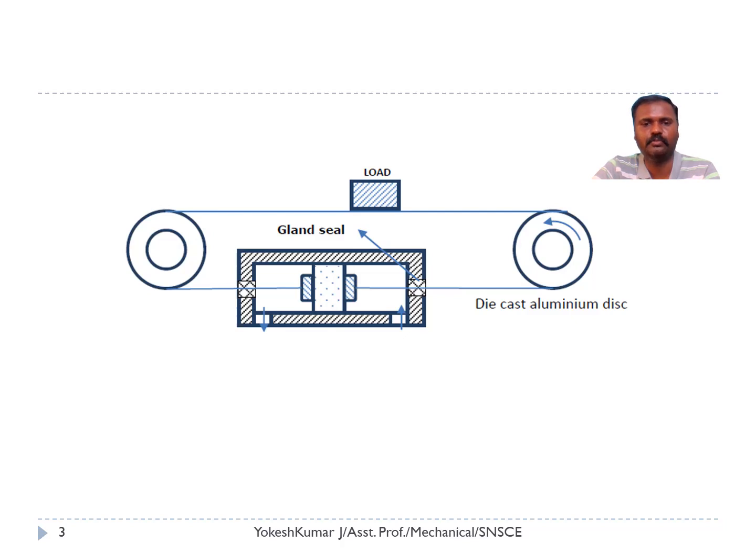When you want to move the load from left hand side to right hand side, you need to send the pressurized fluid to the right hand side. It pushes the piston to the left hand side. The oil from the left hand side is sent or bypassed to the reservoir with the help of the direction control valve. Since the cable is connected, which drives the roller in the clockwise direction, the load will move from left hand side to right hand side.